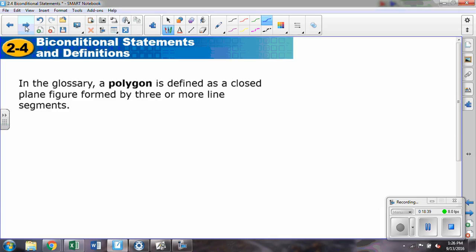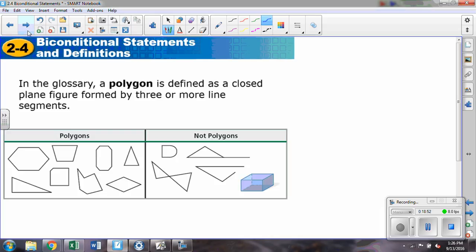This definition is a biconditional. A figure is a polygon if and only if it is a closed plane figure formed by 3 or more line segments. And so what we'd like to take a look at, just to refresh your memory, what are the things that screw you up?